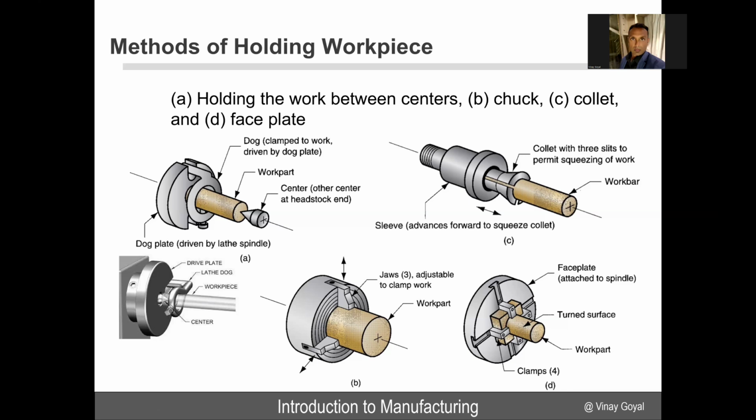The methods of holding a workpiece require holding the work between centers. You have to somehow hold it. You have the chuck, which is here on B. You have these jaws that have adjustable clamps for the work, so you can see the clamps here, and that's your work part. Then you have C, the collet, and the collet with three slits will permit squeezing of the work part.